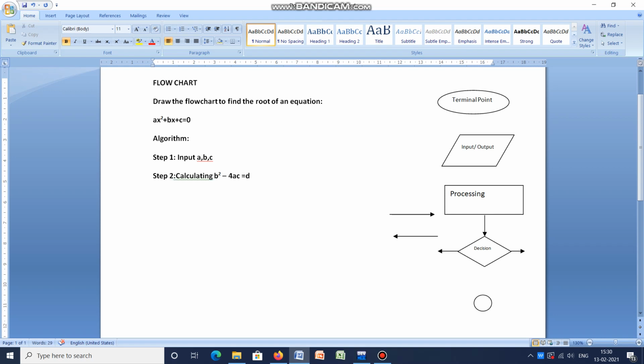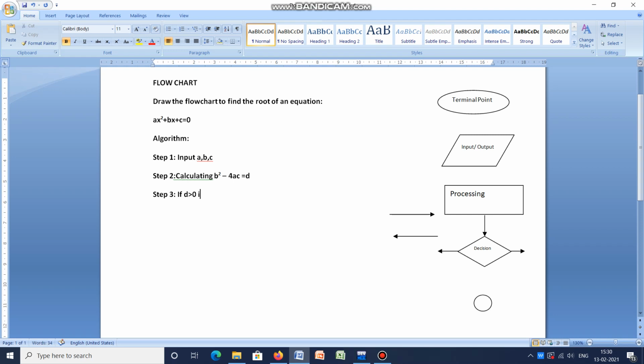After that, step 3 will be checking if d is greater than 0. A decision box will come at this point. If yes, then roots are real.